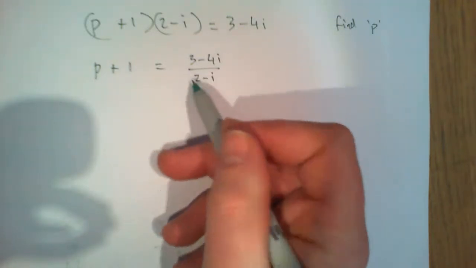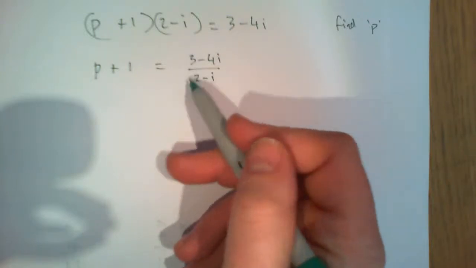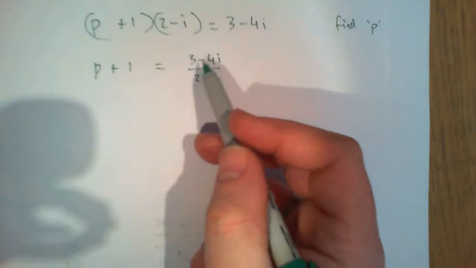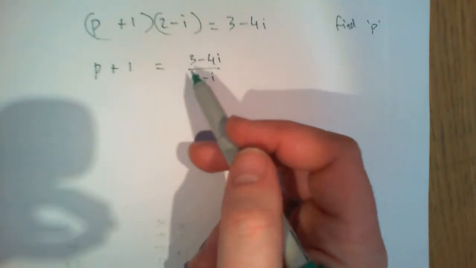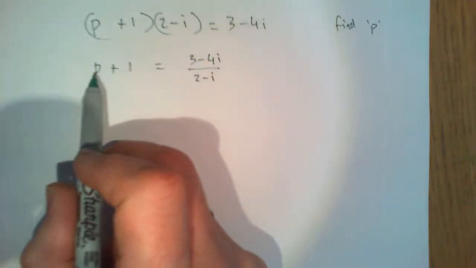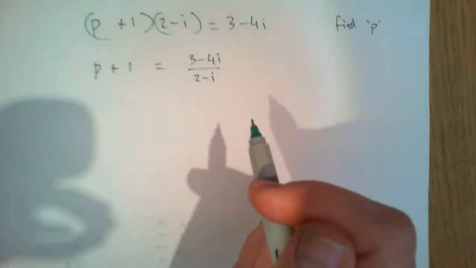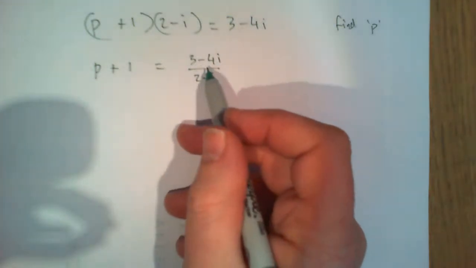Now we're into our division, which we've done before in a previous video. We're going to do the division in a second, but can you see what's going to happen here? This is going to generate a real bit and an imaginary bit. But because we only want one possible answer, our answer should be a complex number, but we'll see how we go with it. So let's take this side and divide it.